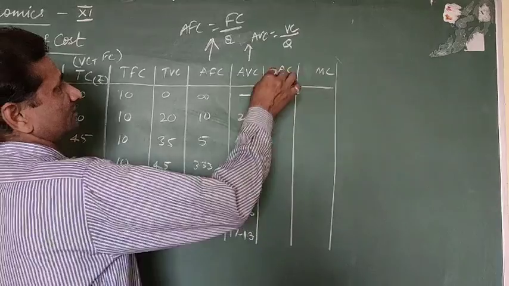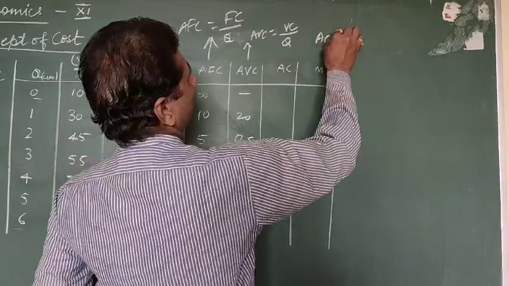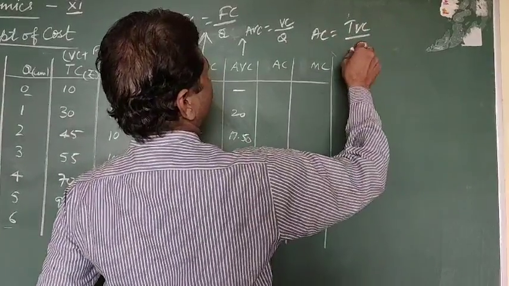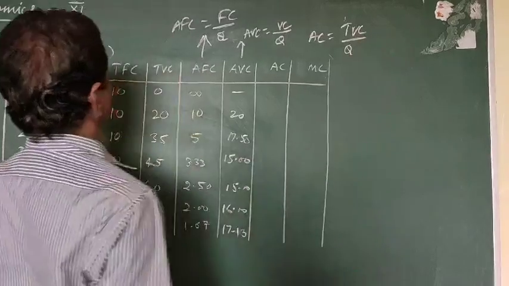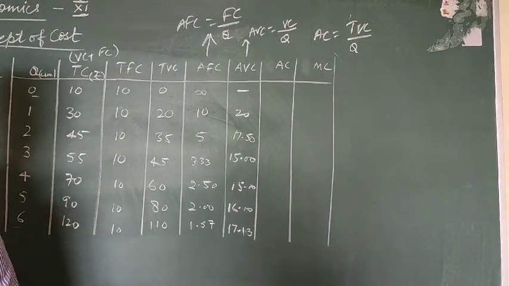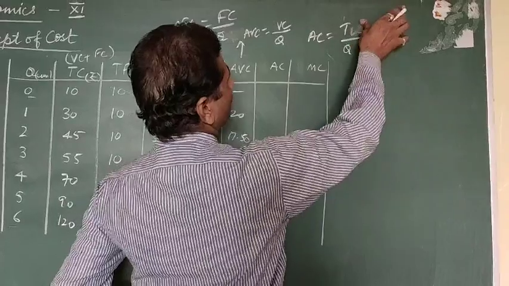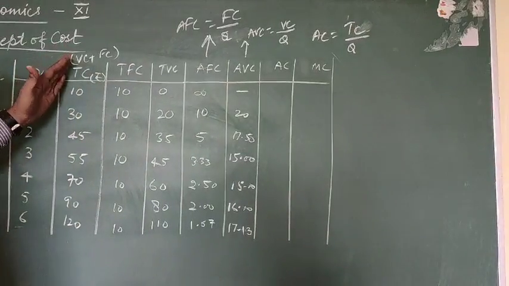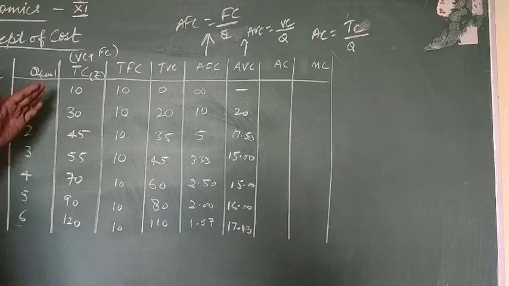Average cost we can calculate as TC upon quantity. Here TC is 10, 30.